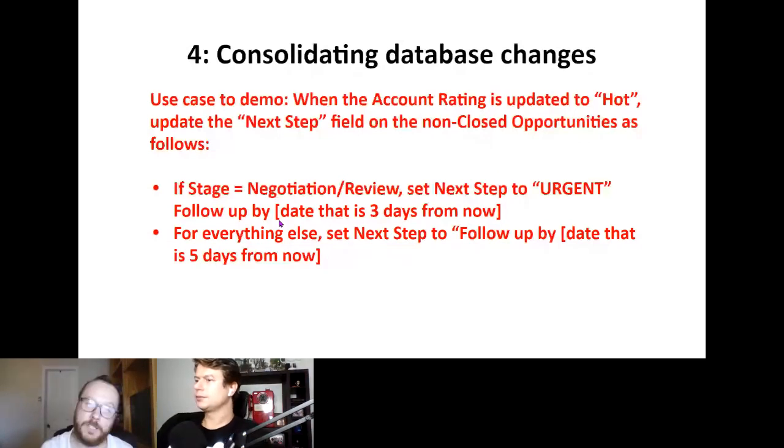But for any other stage, we want the next step to say follow up by and have a date that is 5 days away. So you can see not every record is being updated with the same value. So the loop is going to need to check each record it's looking at and make the appropriate changes.